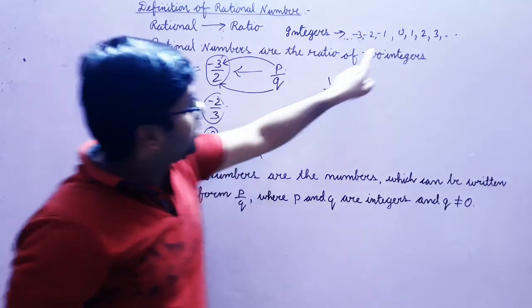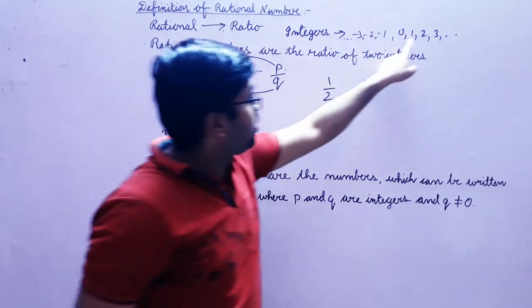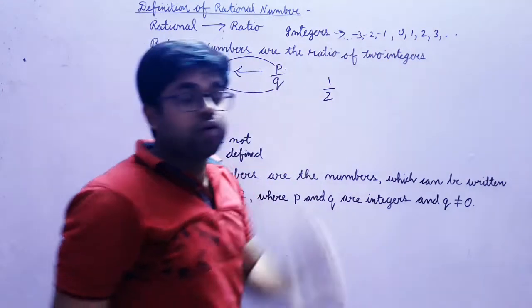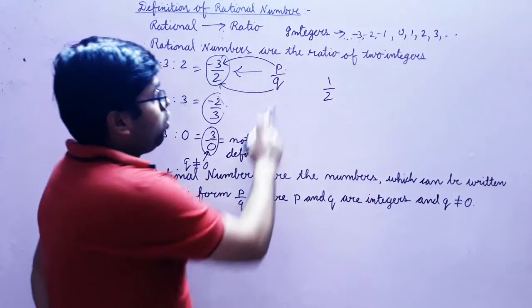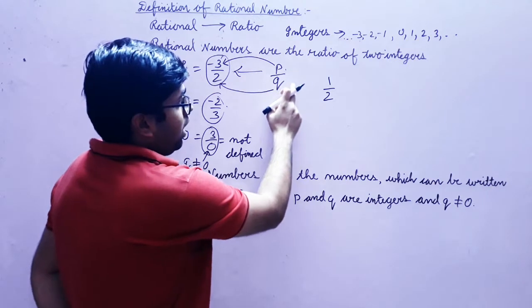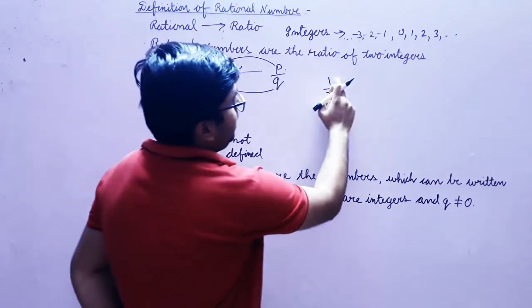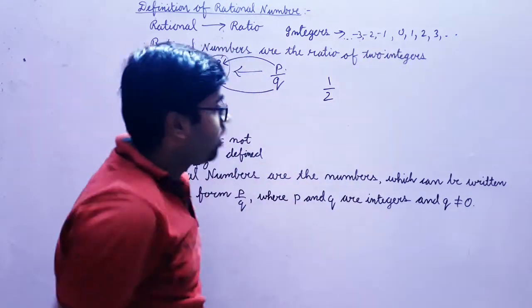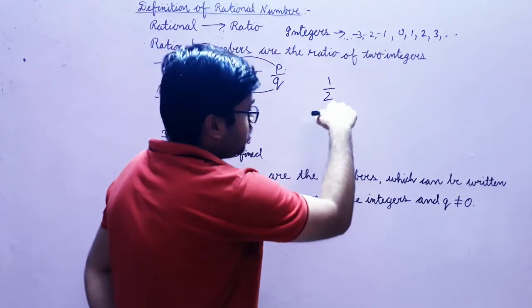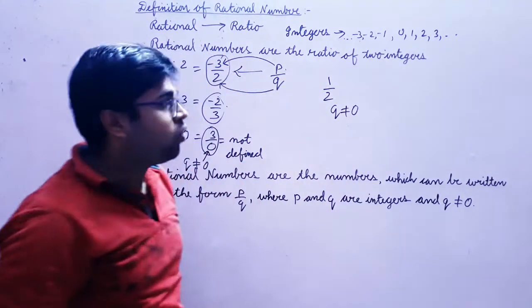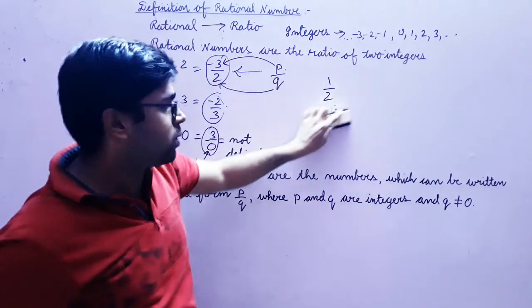So 1 is an integer, we can see 1 in the list of integers, and 2 is also an integer. So we have a number written in the form P by Q, where P and Q both are integers, and Q, the number written downside, is not equal to 0, it is actually 2. So it is a rational number.